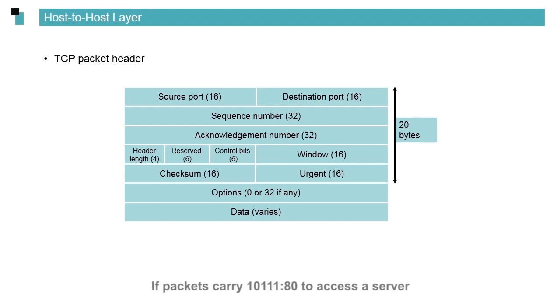If packets carry 10.1.1.1:80 to access a server, packets access TCP port 80 assigned to the IP address. When the domain name is entered on the browser, but no port number is entered, the program uses a default port number for a specific application. For instance, the default HTTP port number is 80.